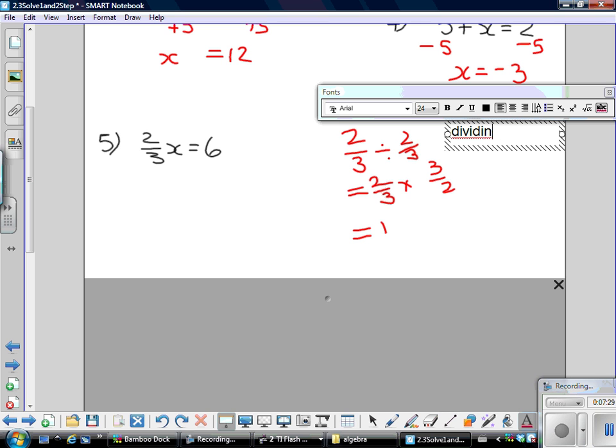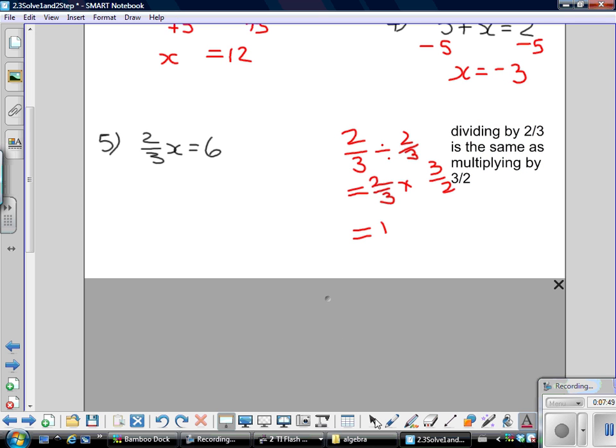Okay, so I'm going to put it down here. Dividing by 2/3 is the same as multiplying by 3/2. Okay, so if I multiply both sides by 3/2, 3/2 here, which means I must do the same to the other side, 3/2 here.